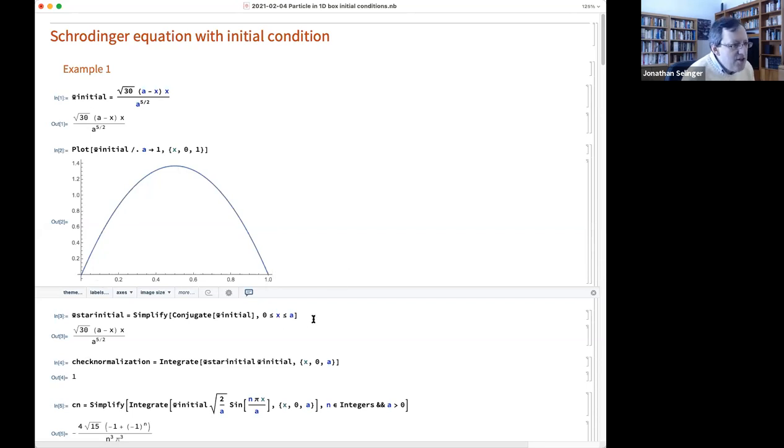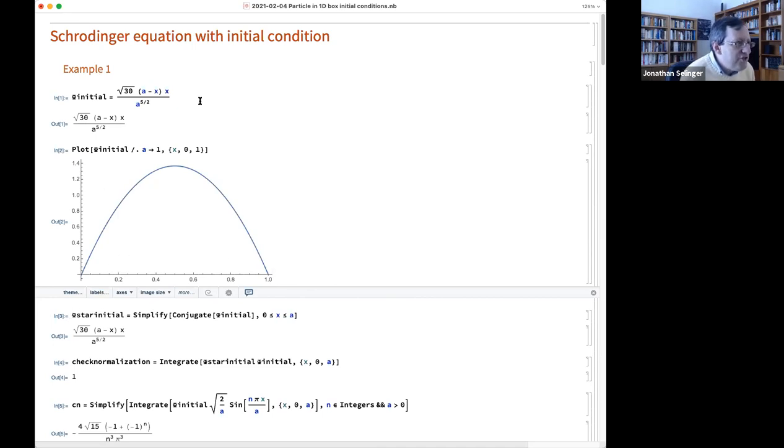A plot like this looks very similar to a single sine wave. If I were just looking at it by eye, I might think it was a single sine wave, but it's not exactly a single sine wave, it's a parabola. So suppose this is our initial condition. Let's go through the procedure now.